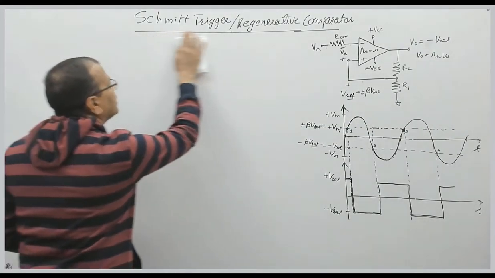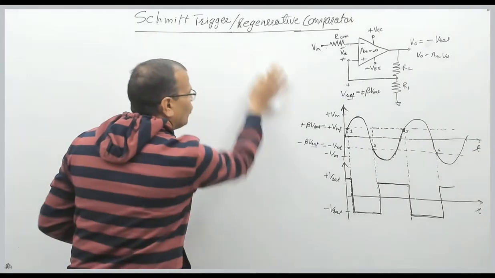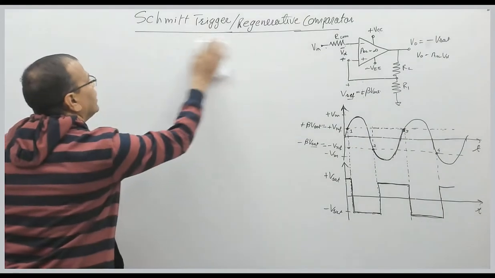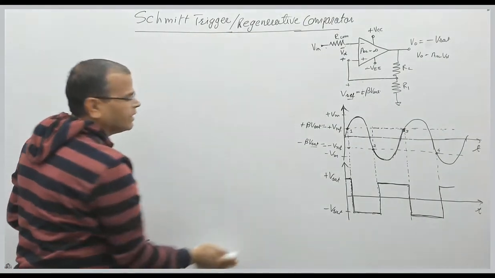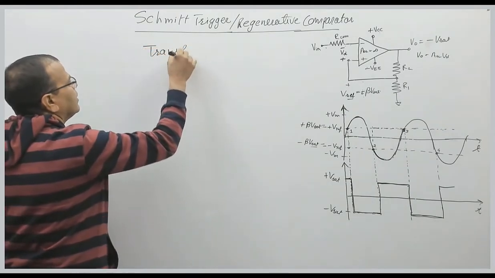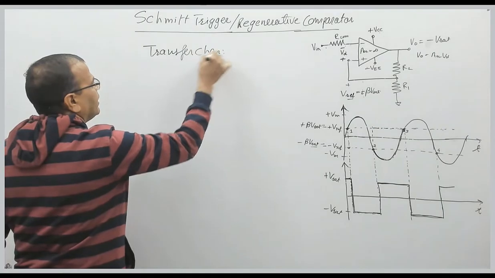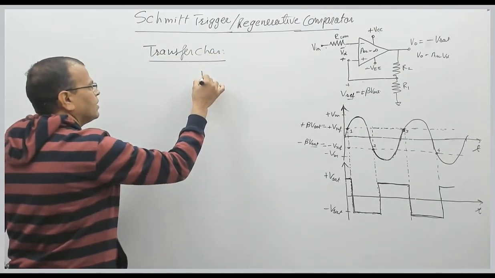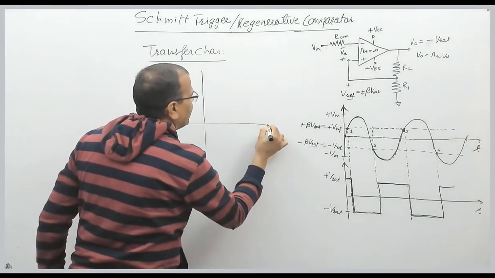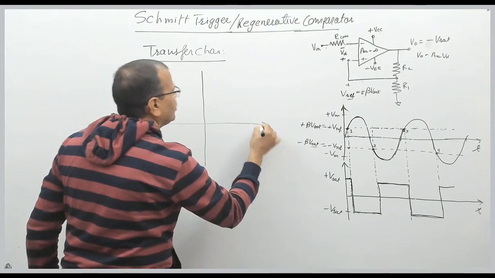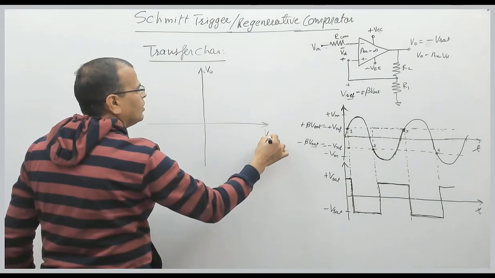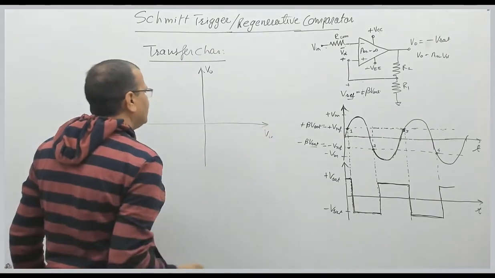I repeat, the transfer characteristic is nothing but a plot showing the variation of output voltage with respect to the input voltage of the circuit, right?